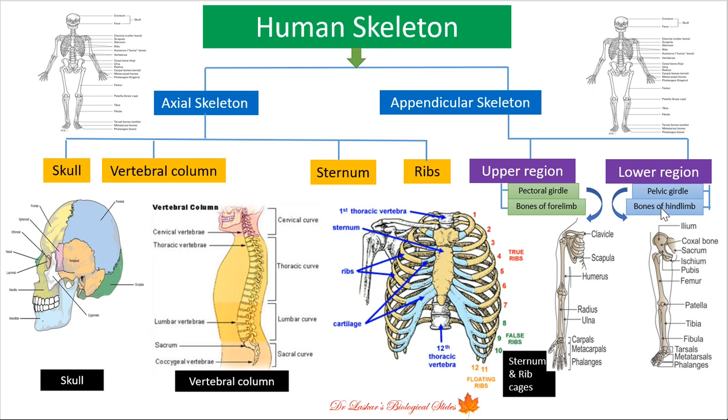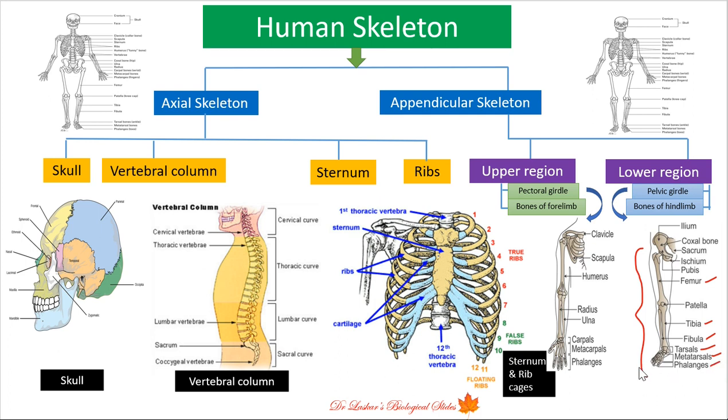The bones which are present in the hind limb, that means now we are talking about the bones of the legs. So this part is indicating the leg or the hind limb part, and the bones present in it are femur, which is the longest, largest and strongest bone in the body, tibia, fibula, tarsals, metatarsals and phalanges.